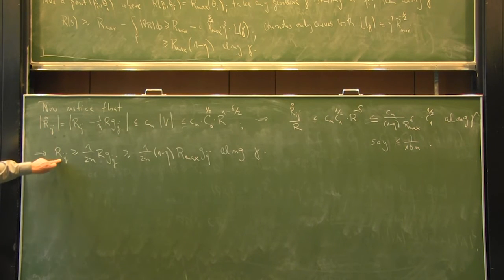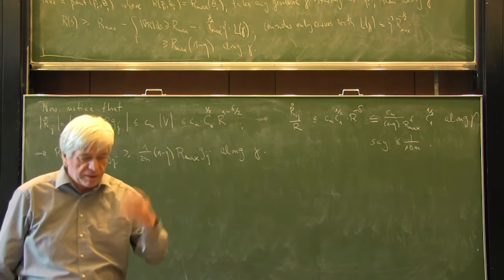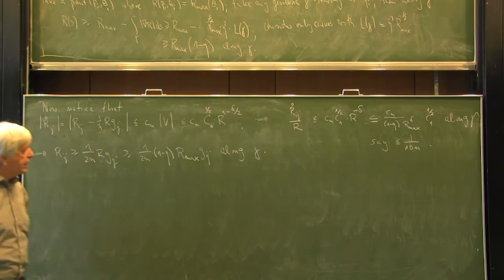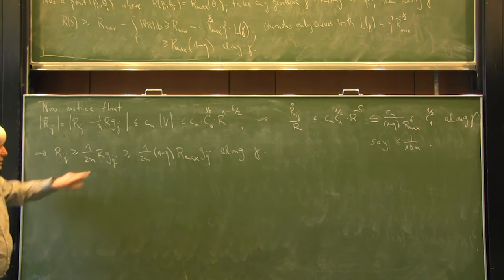So we have a lower bound on the Ricci tensor in terms of this fixed number, now a completely fixed number at this time, theta I, and then Meyer's theorem applies.